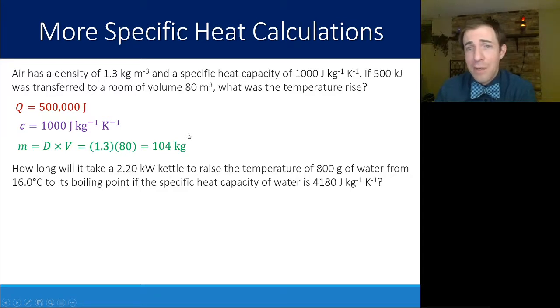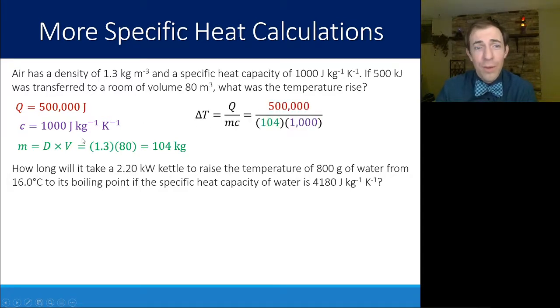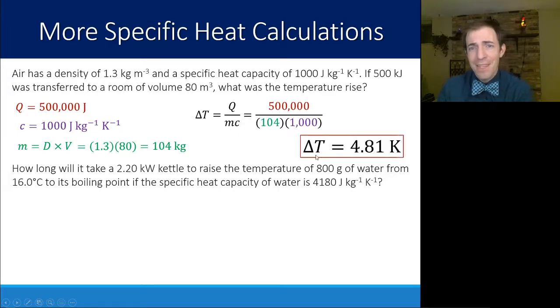So now I have enough to really use this equation. Rearranging for delta T is Q over mc to find that there's a delta of 4.81 degrees Kelvin, which is again the same as 4.81 degrees Celsius. So given the amount of energy that's provided, I can figure out how much, on average, the temperature is going to rise throughout that room.